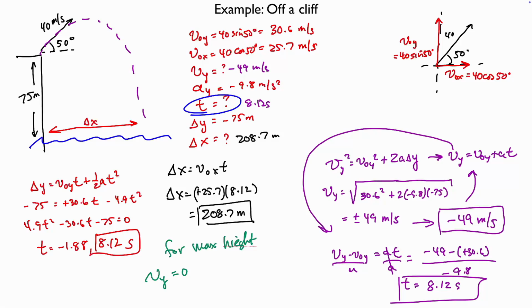Time it takes from launch till it hits the water. Is that the same time as launch to max height? No. So this is kind of a different problem, right? But with Vy equal to 0, V naught y still equal to positive 30.6. Bad, Mr. Balogh didn't put signs up there. And now if I try to go solve for the time, what time will I get?